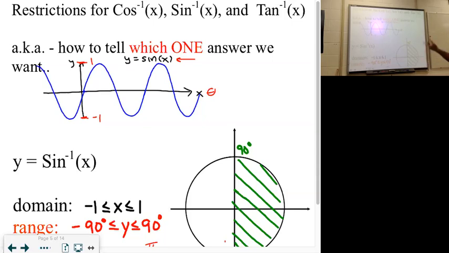But when we talk about the inverse function, you have to remember that everything is switched. So the input on the standard function, x, is the output when we deal with the inverse function, y, and the output of the standard sine function, y, is now the input of its inverse sine function.